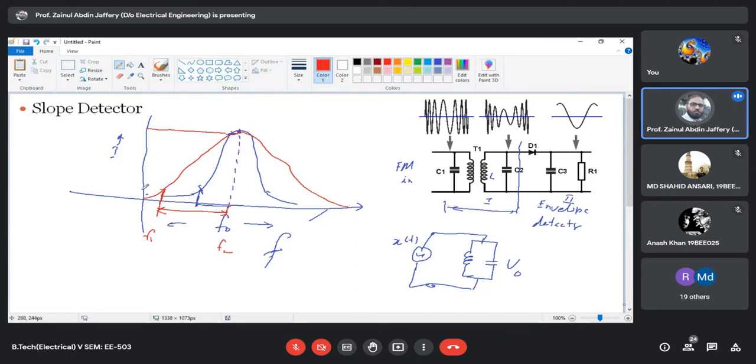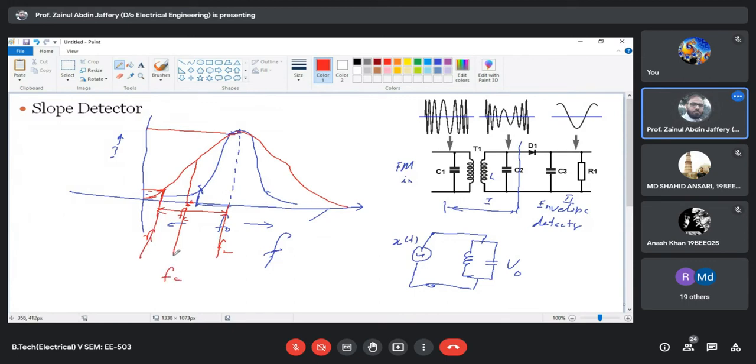If we are taking only this region, because this is not a very linear one, then you can choose the center frequency of this region, let us say this is the FC. Take these three over here.